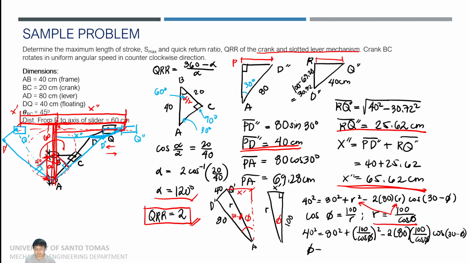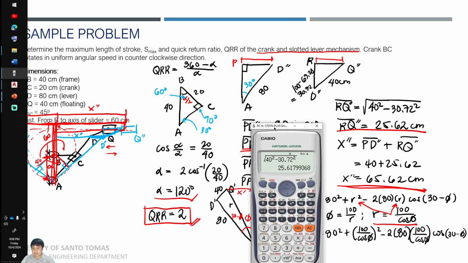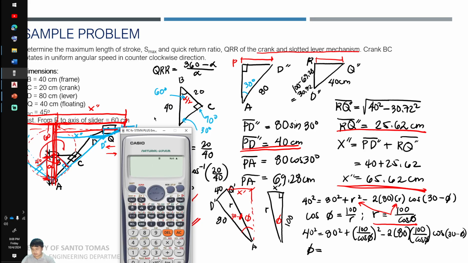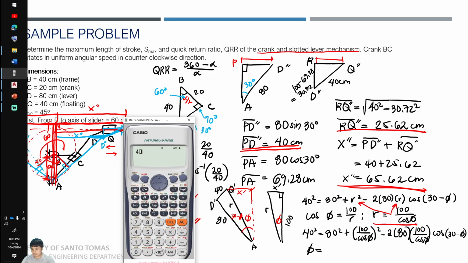So solving for phi here, the angle in between, let's check how to solve this on the calculator.